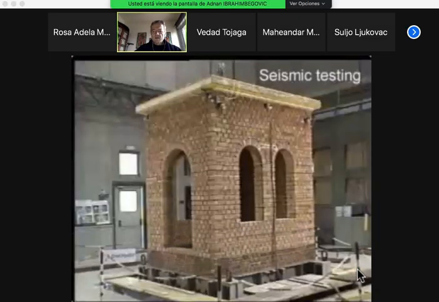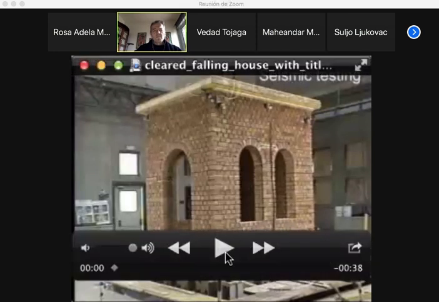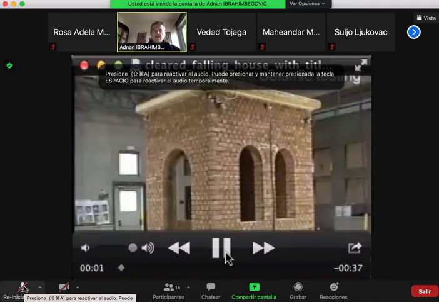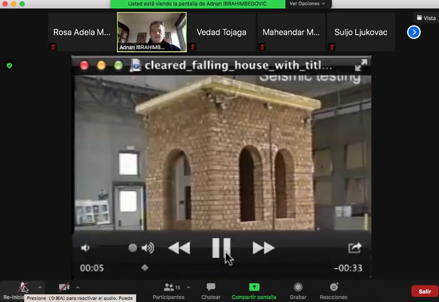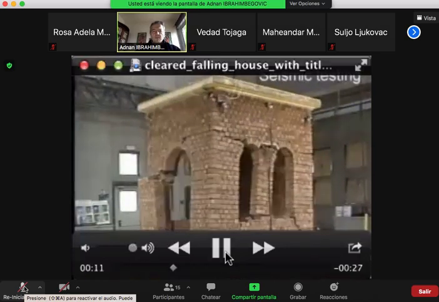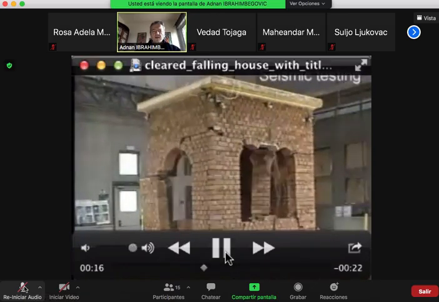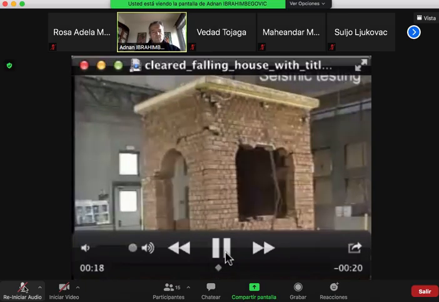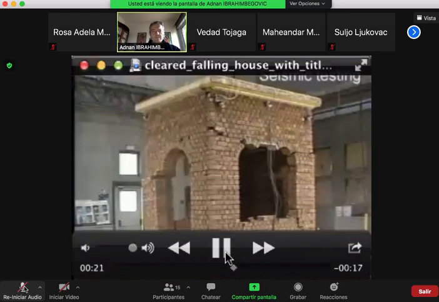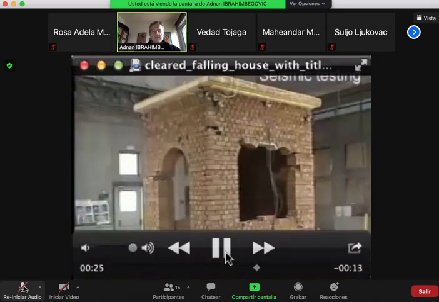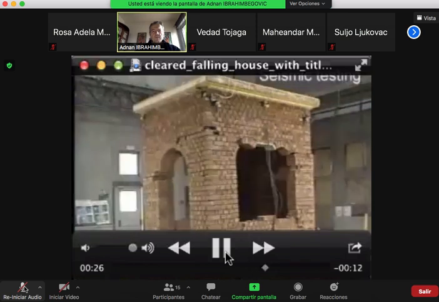So do you see this movie? Hopefully. So this is a typical test on a shaking table on a masonry structure in an earthquake.